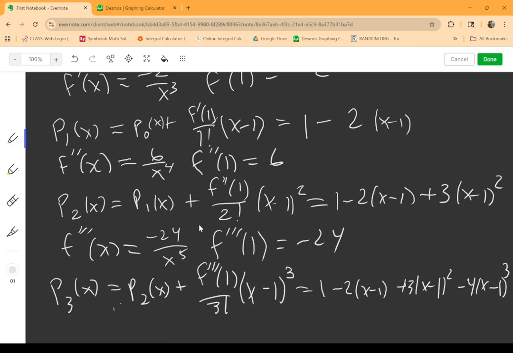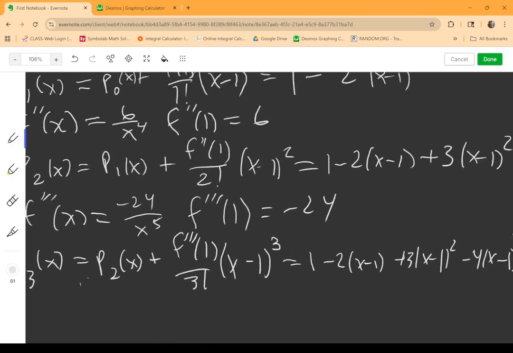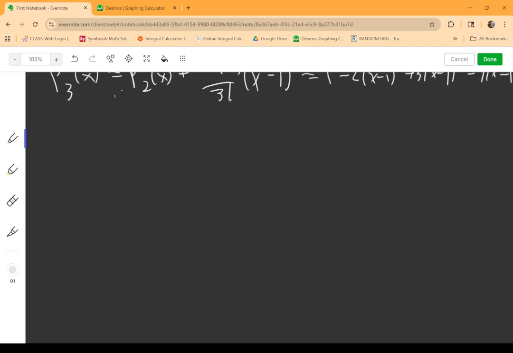All right, let's do one more example here. So now we're going to find a Maclaurin polynomial, and all that means is that it's centered at 0.